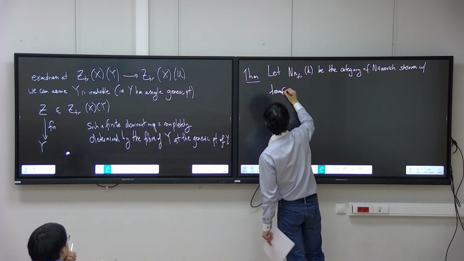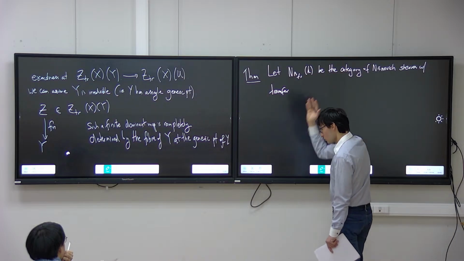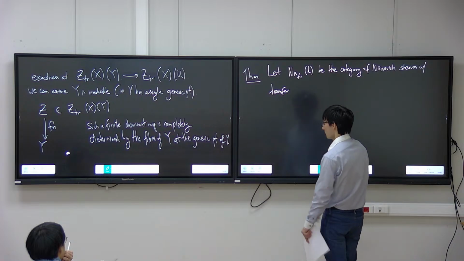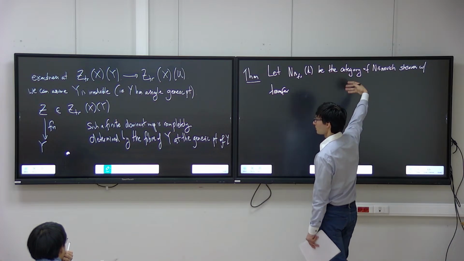Yes? Okay. So that just means it's a sheaf on the correspondences, but restricted to smooth schemes, satisfying some sheaf property with respect to the Nisnevich topology.